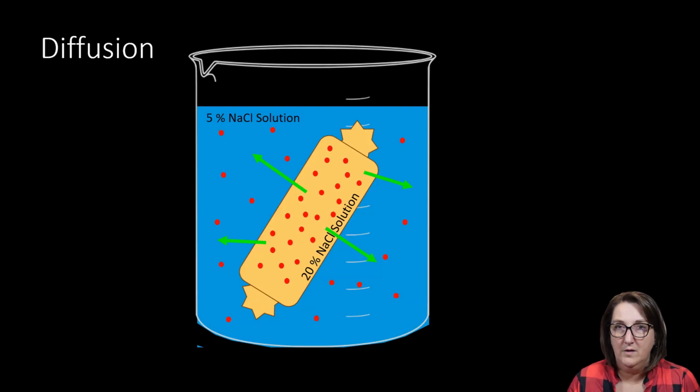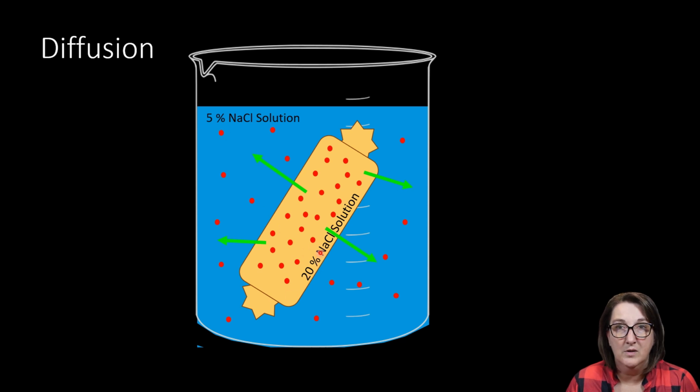Here I have what's called a dialysis bag. Remember, dialysis is when solutes pass back and forth. And so here I have water and a salt solution. On the outside of the bag, I have 5% salt, and inside the bag, I have 20% salt. So I have a little bit of salt out here and a lot of salt inside.